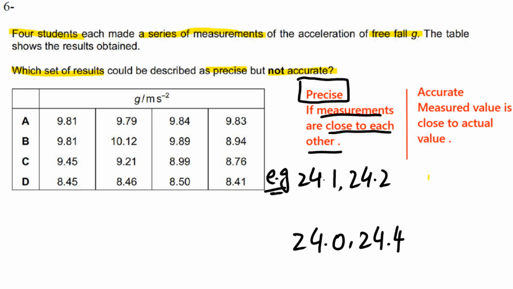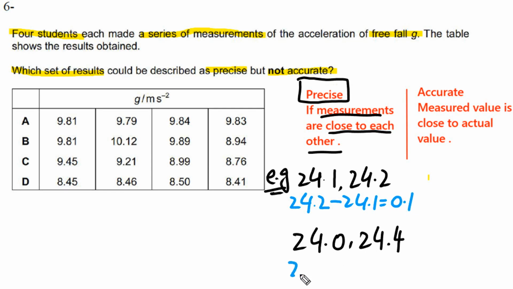Now we need to find out which set of measurements is more precise, meaning which measurements are close to each other. One way to determine that is to find the difference between them. 24.2 minus 24.1, the difference is equal to 0.1.